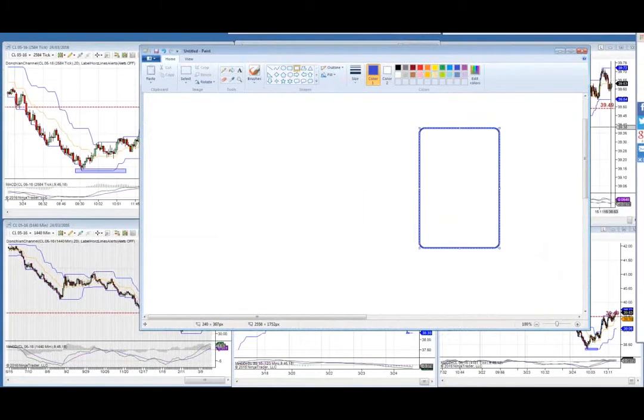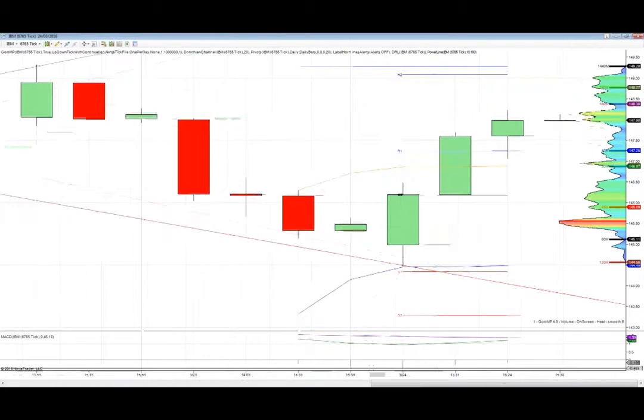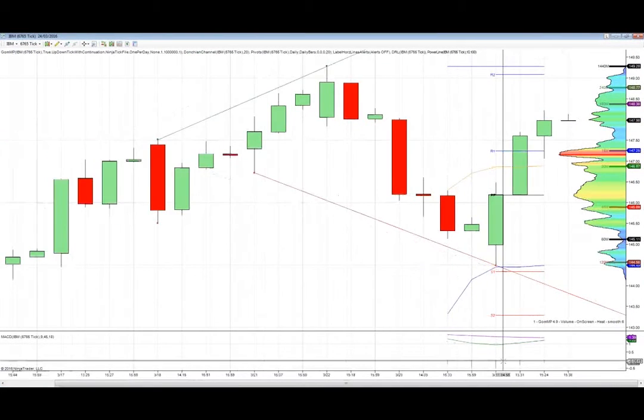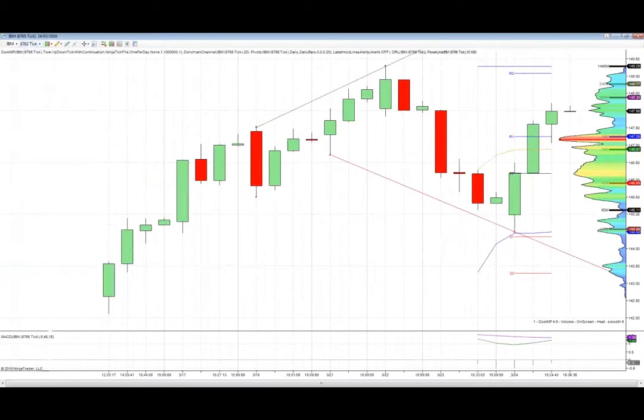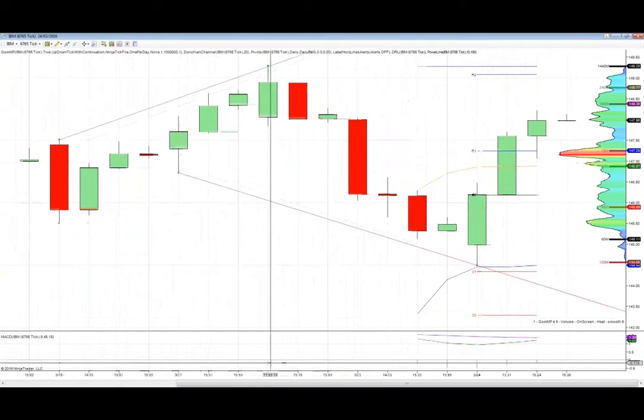It's not very pretty usually, because in reality, it looks like this, and this is IBM. In reality, profile looks like this. See how the more bars I bring into the picture, the more volume I get on the side.